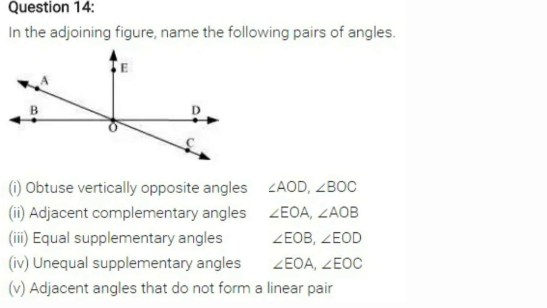Then IV bit, unequal supplementary angles, that are angle EOA and EOC. Then adjacent angles that do not form a linear pair, that are angle AOB and AOE, angle AOE and EOD, and angle EOD and COD.